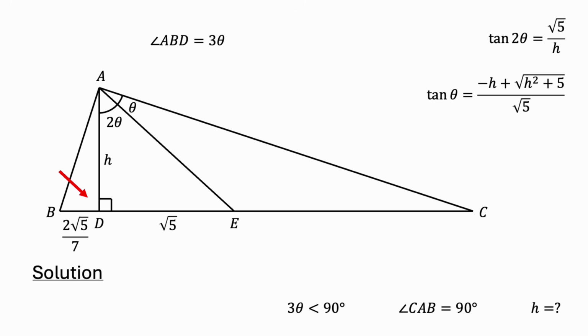Since triangle ABD is right angled, we have tan of angle ABD equals h divided by 2√5 over 7, and so tan 3θ equals 7h over 2√5.